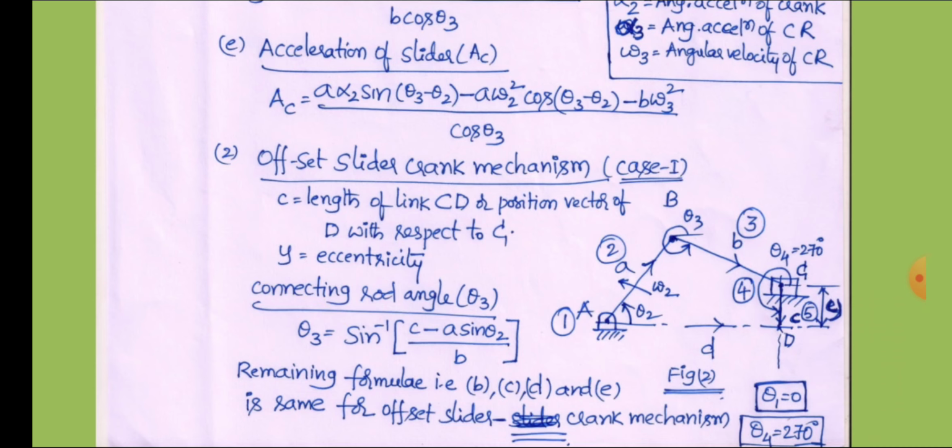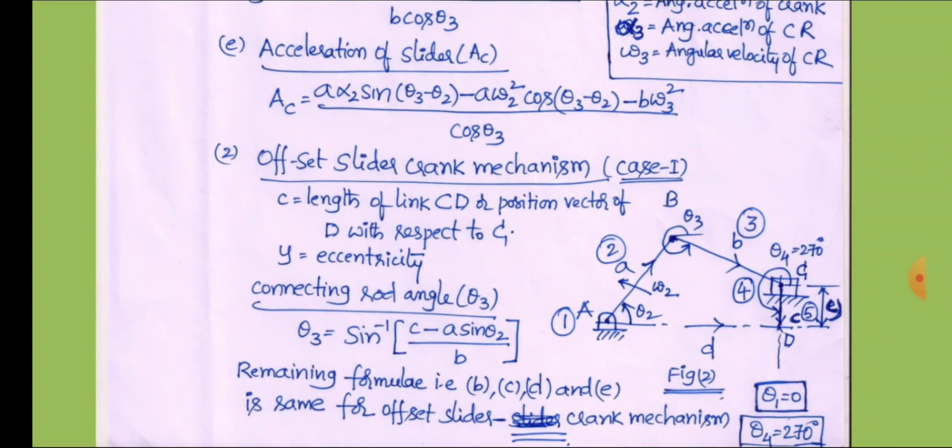Now in this case 1, how to remember? Theta 1 is equal to 0, that is, the angle made by link 1 is 0, and the angle made by the slider, link 4, is equal to 270 degrees. In this type of offset slider mechanism, how do we find the velocity of the slider, the angular velocity of the connecting rod, and similarly the acceleration of the slider and the angular acceleration of the connecting rod?